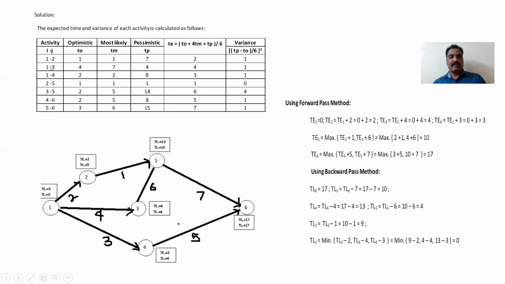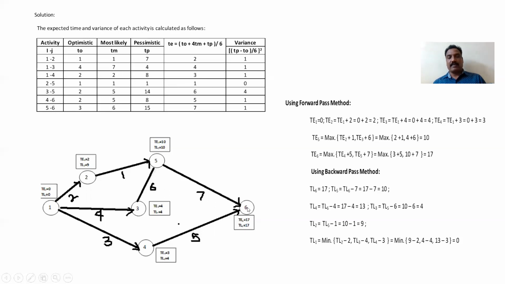So 1 to 2, this is simple because the activities are given directly. Earlier in the CPM, we were given some predecessor activities like that. Here simply the activities are given, 1 to 2. So 1, 2, 3, like this you can draw 1 to 4, 2 to 5, 3 to 5, 4 to 6, 5 to 6.